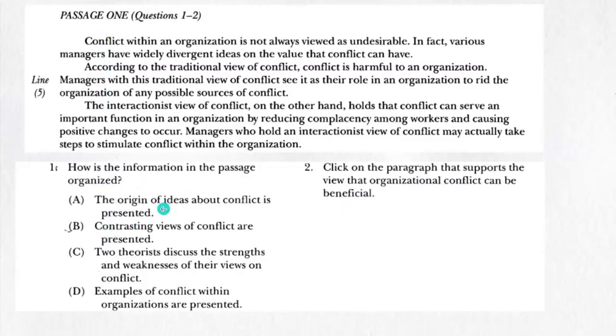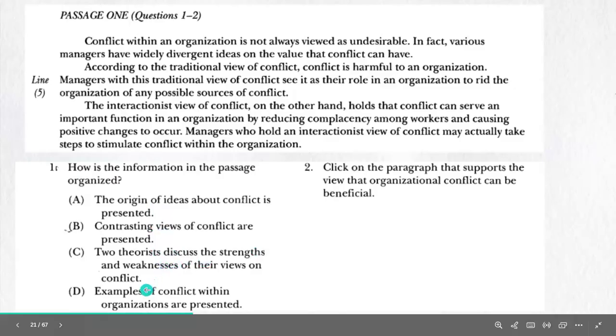It says, the origin of ideas is presented, contrasting views are presented. Contrasting means opposite. Two theories discuss the strengths and weaknesses, or examples are presented.